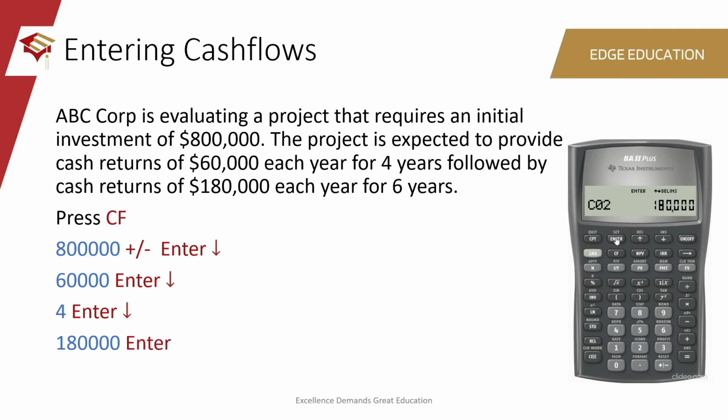Press the enter button on top and press the down arrow key once again. You will be able to see F02, which stands for the frequency of the second cash flow. Since the second cash flow is expected to occur 6 times, we'll then go ahead and type 6 and press the enter button on top. With this, you have managed to enter the cash flows along with their frequencies into the calculator.